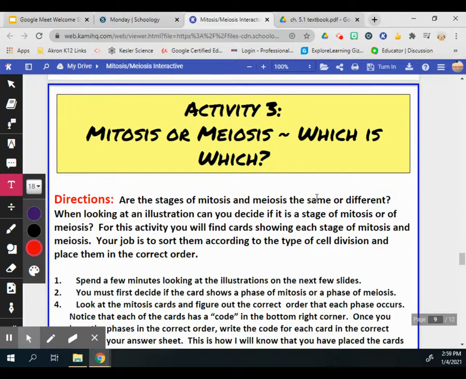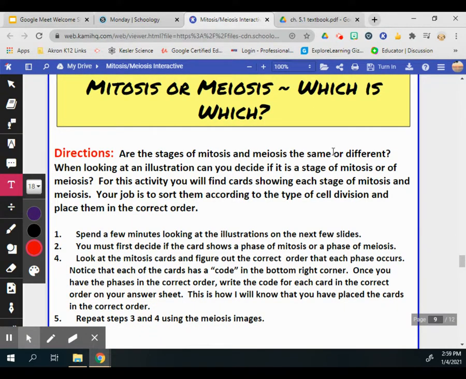And then moving on to activity 3, we're going to try and differentiate between mitosis and meiosis. So the directions say, are the stages of mitosis and meiosis the same or different? When looking at an illustration, can you decide if it is a stage of mitosis or of meiosis?